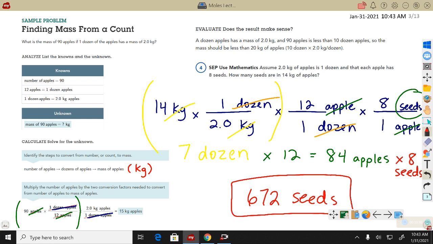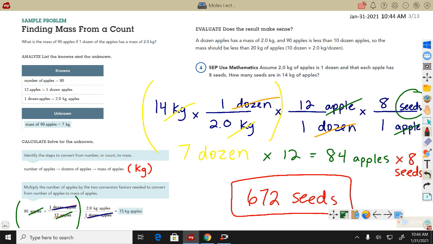That's where this proportion method is going to become your bread and butter. So even if you don't need it now, we just want to make sure that it makes sense, that we can set up these proportions where the unit that we want goes on top, the unit that we want to cancel will go on the bottom. And then eventually I really do like to cross off the units, so that I know I have it set up right if the unit that I want is the only unit that I have left.